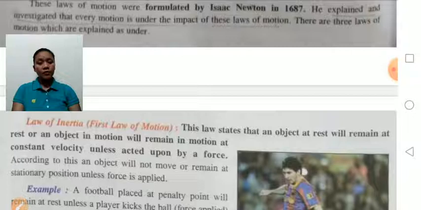And if the object is in motion, अगर object motion में है, movement है, then it will remain in motion at the same speed unless an external force acts upon the object.